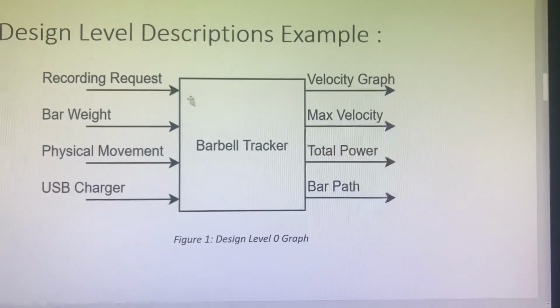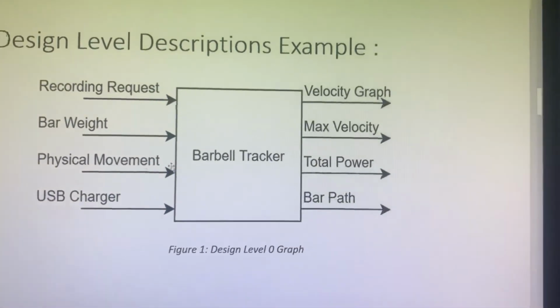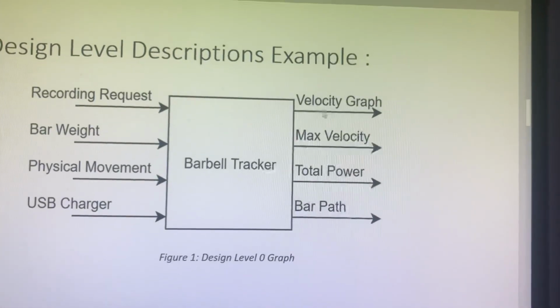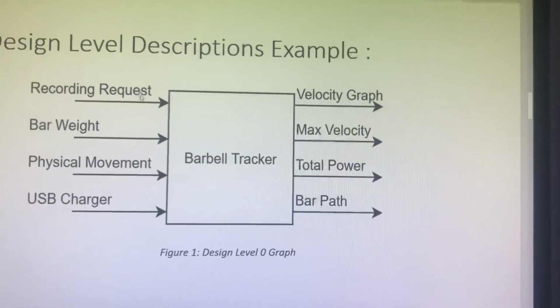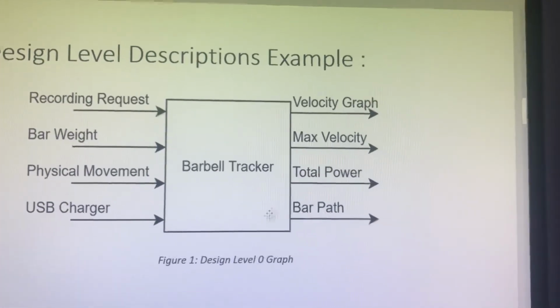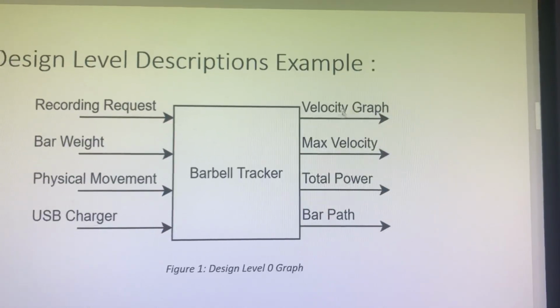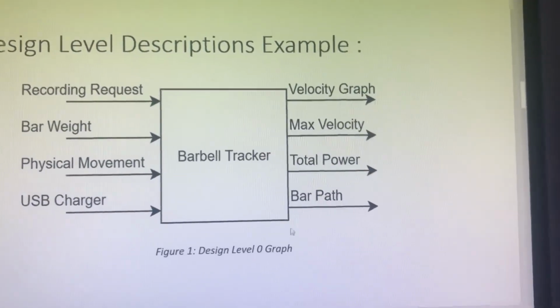After we do the request, we need the movement. That movement will happen, and after that we can press stop and it will give us feedback. It's going to give us the velocity, the power, and the power path.